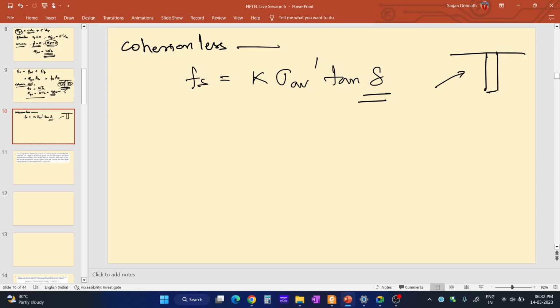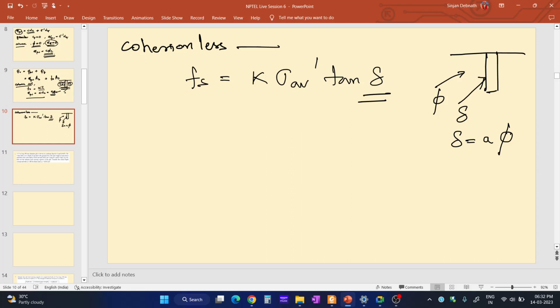You know the phi value of the soil layer, but at the interface between the soil and the pile, there will be friction between the soil surface and the pile surface. That frictional angle is delta, which is also a factor of phi. So generally delta is some factor, suppose A, multiplied by phi. Phi is the frictional angle of soil.